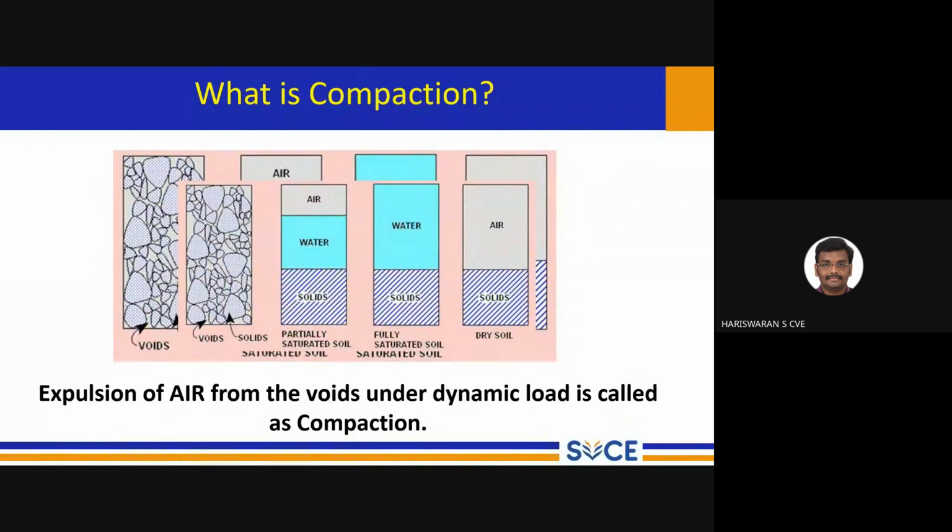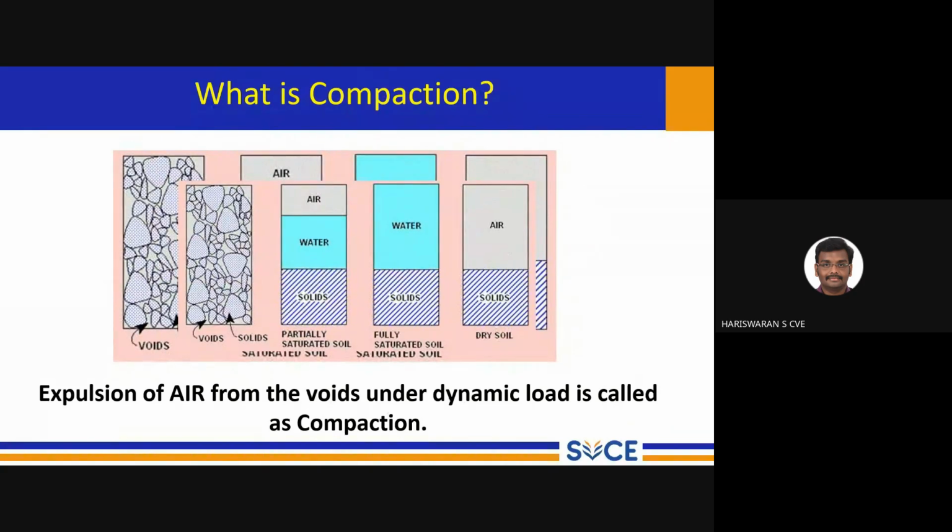For a particular water content addition, we may get maximum density. That condition, that water content, we call the optimum water content, OMC. The corresponding dry density we call the maximum dry density of the soil.